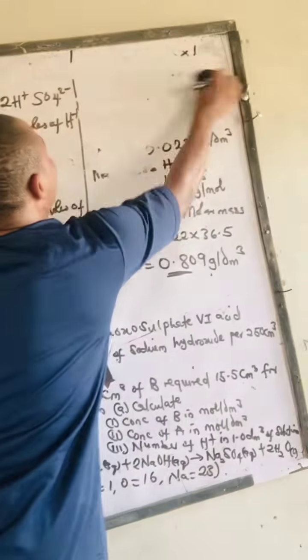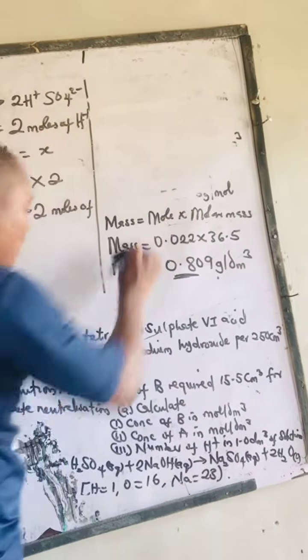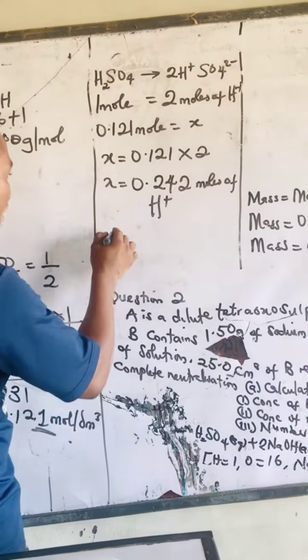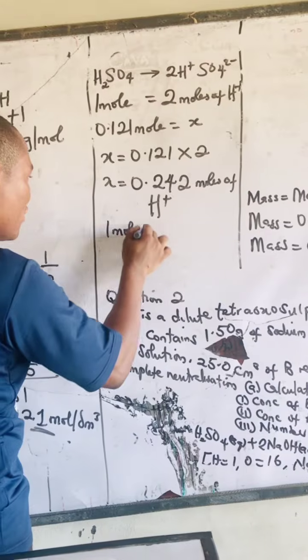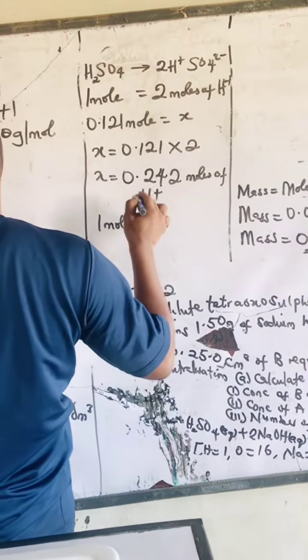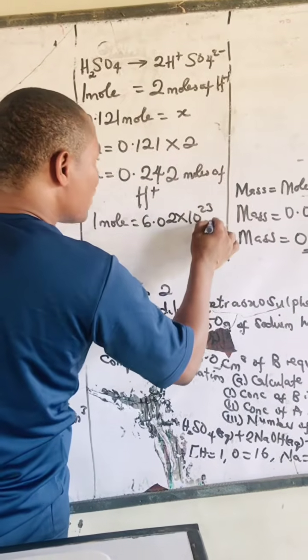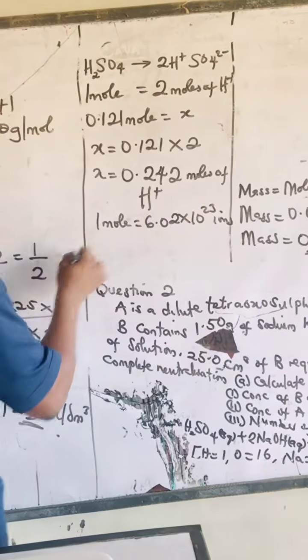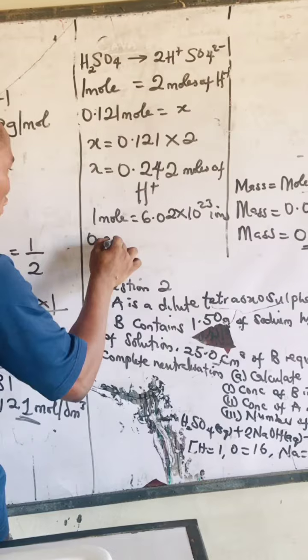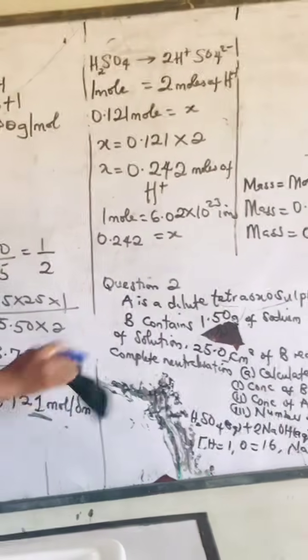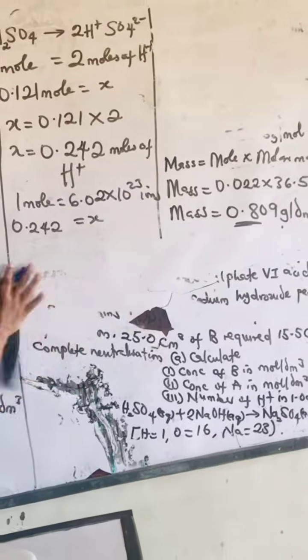Our Avogadro's number tells us, that's why they have given it to us in the question, 1 mole is equal to 6.02 times 10 raised to the power 23 ions. So our 0.242 will be equal to X. Very, very easy.